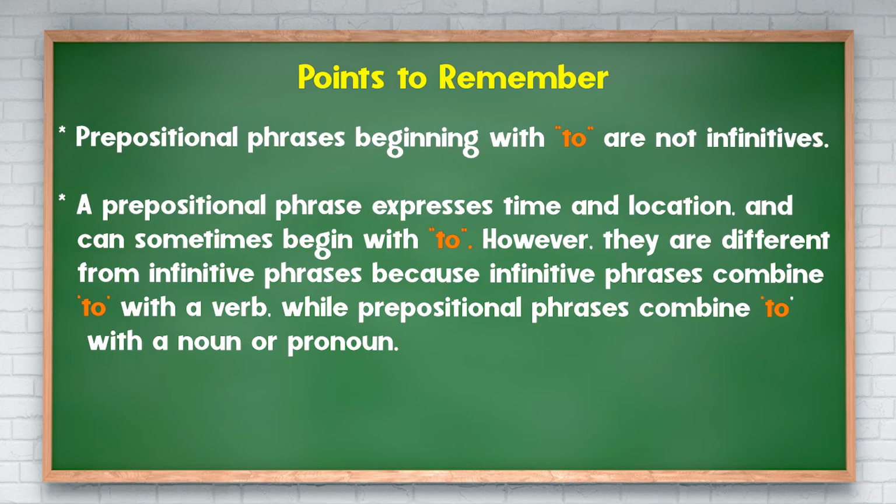A prepositional phrase expresses time and location and can sometimes begin with the word to. However, they are different from infinitive phrases because infinitive phrases combine to with a verb, while prepositional phrases combine to with a noun or a pronoun.